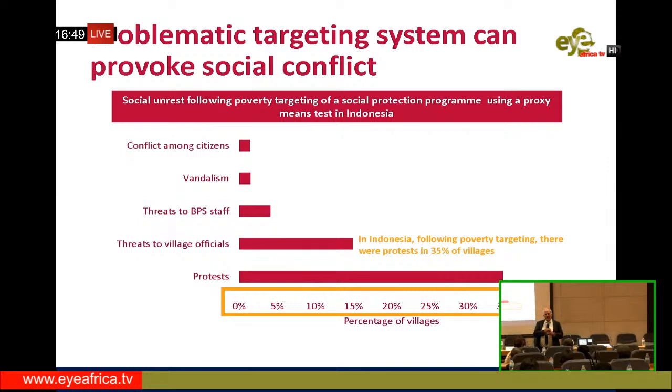So now we are trying to understand what is the underlying cause of that and trying to fix piece by piece. We are not going to do it like this and it will be over. No, that's what I told them. We are not magicians. We can help. We can make technical improvements, but this is what happened. Even in Indonesia, the protests were like 35% of the villages protesting against this kind of stuff.